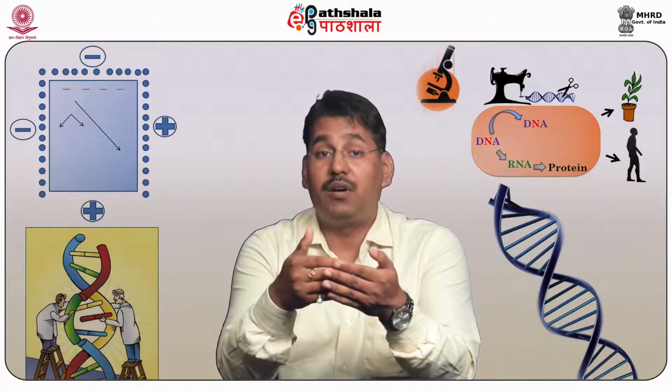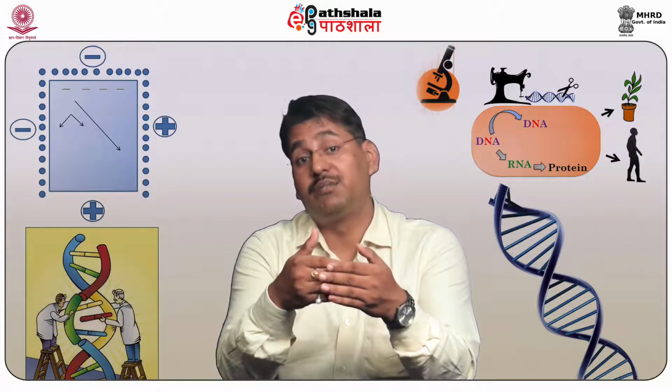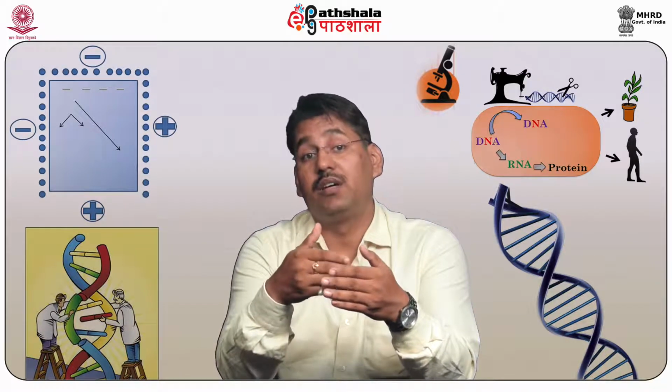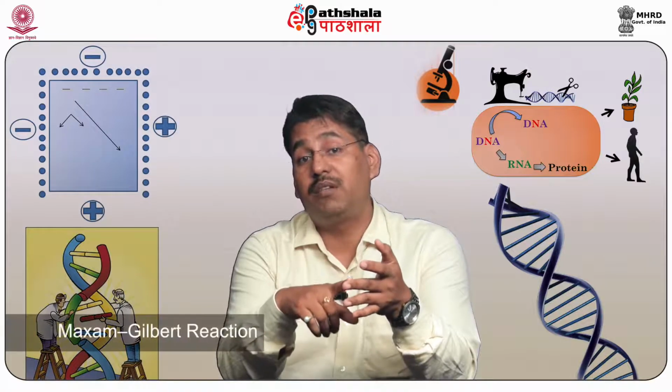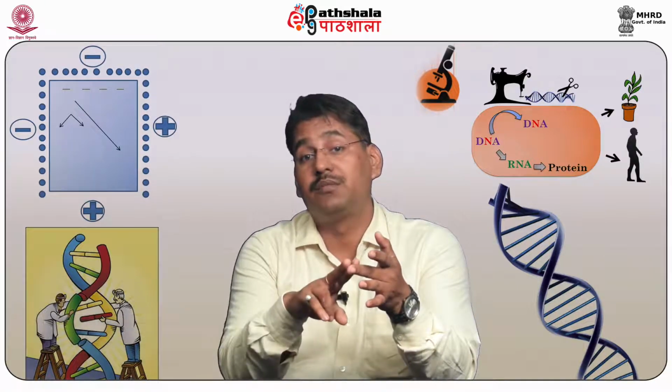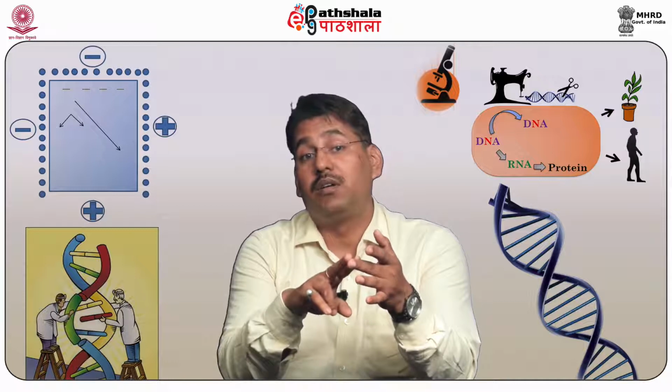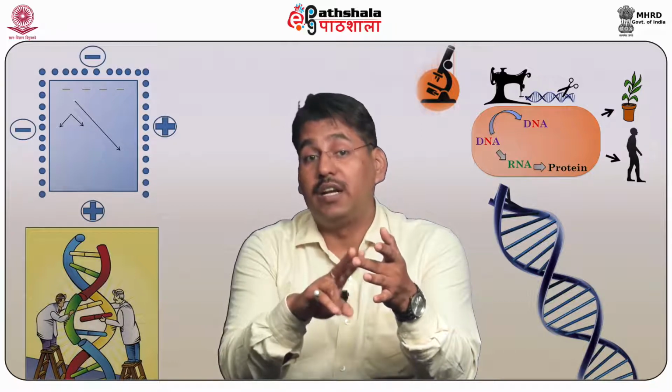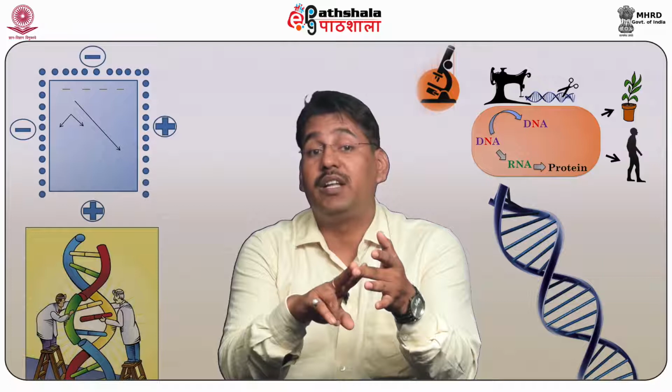The Maxam Gilbert chemical degradation method of DNA sequencing involves two steps. One is a catalytic reaction to degrade the template DNA.